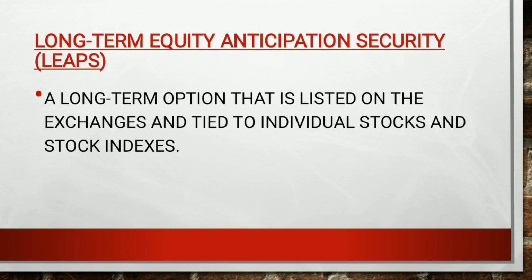A 1-year LEAPS costs about twice as much as a matching 3-month option, but because of its much longer time to expiration, a LEAPS provides buyers with more potential for gains and offers better long-term protection for a portfolio.